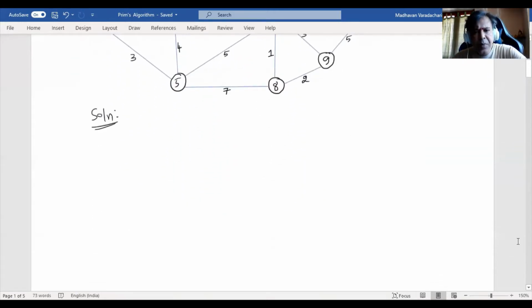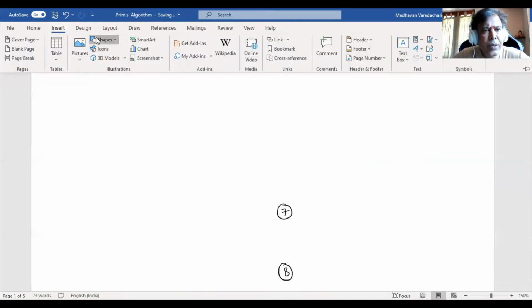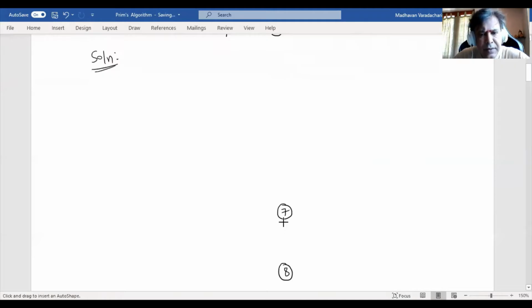I will draw the arc, 7 to 8, connecting these two nodes or vertices.